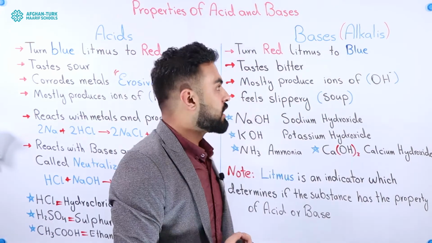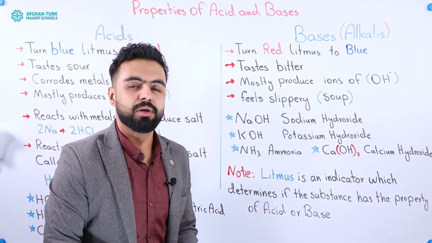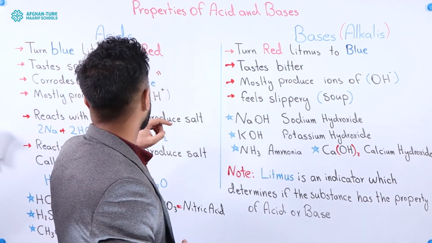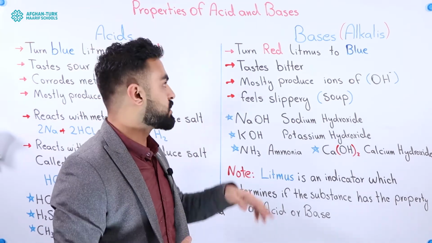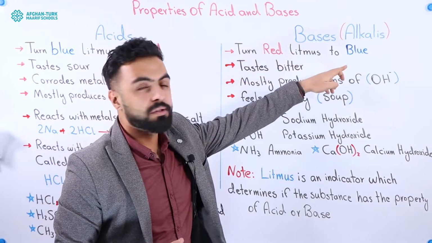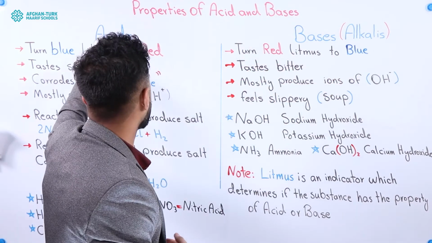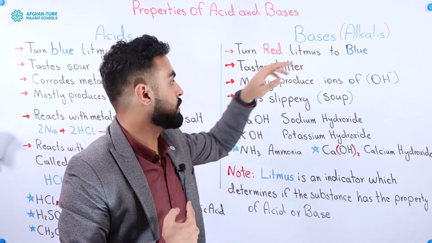So now let's go to the bases. The properties of the bases are vice versa of acid, they are vice versa of each other. It turns the red litmus to blue. The acid changed the blue to red, it changes red to blue.